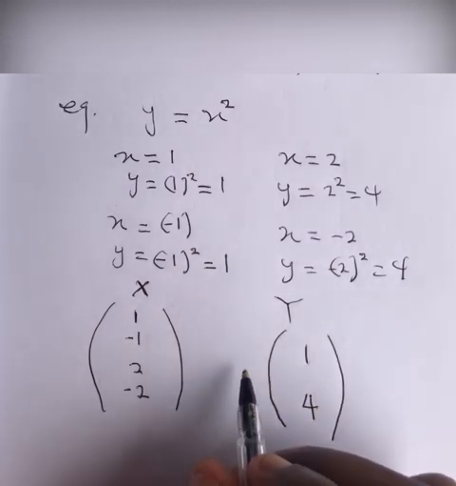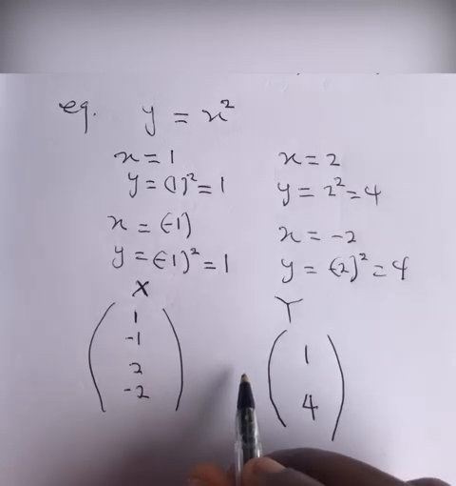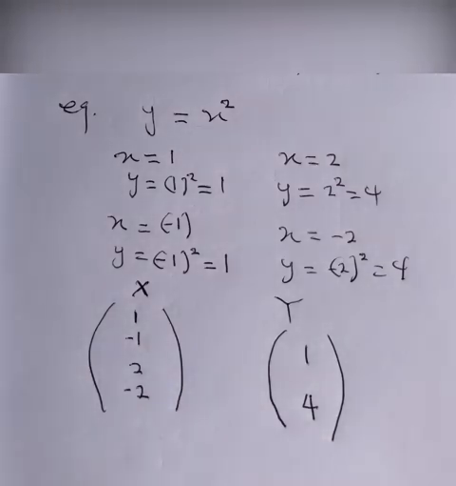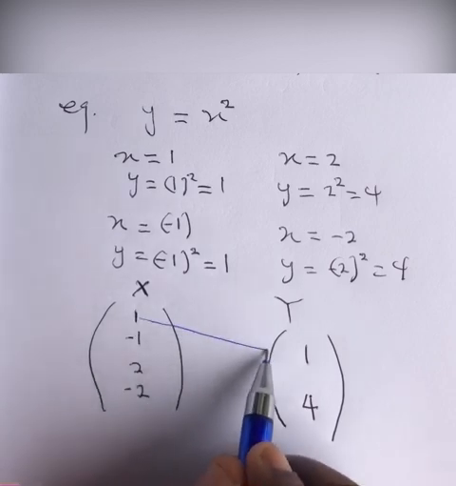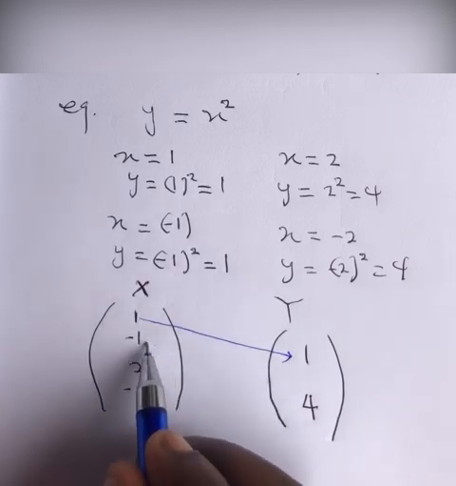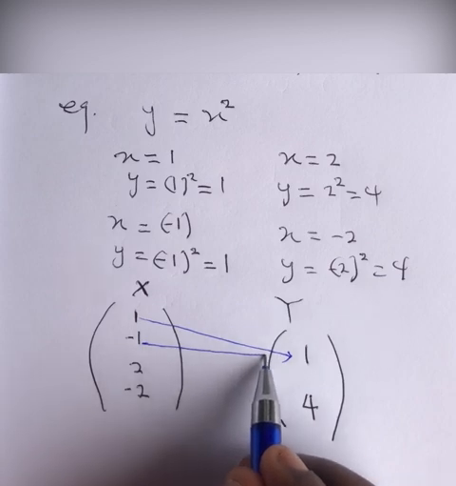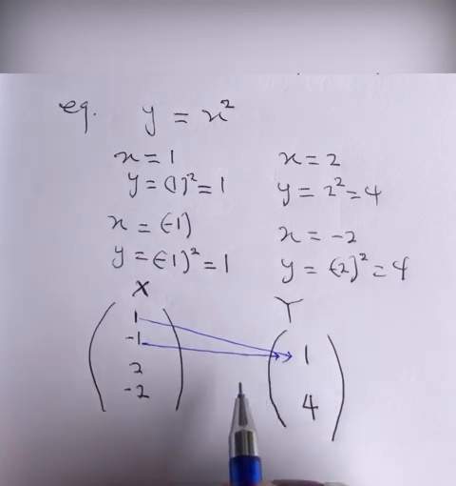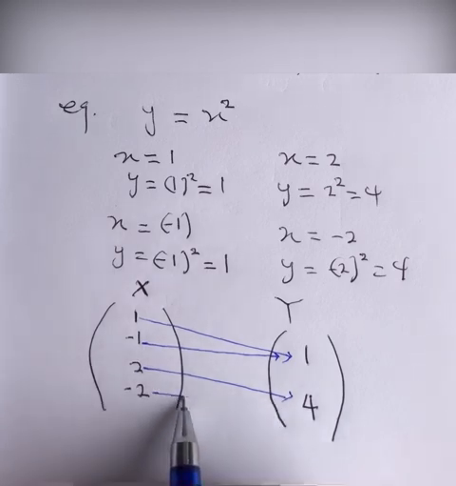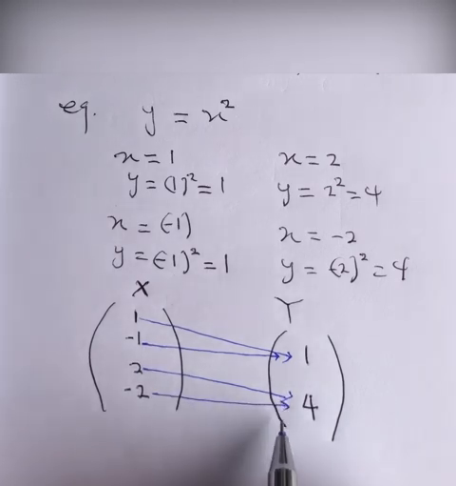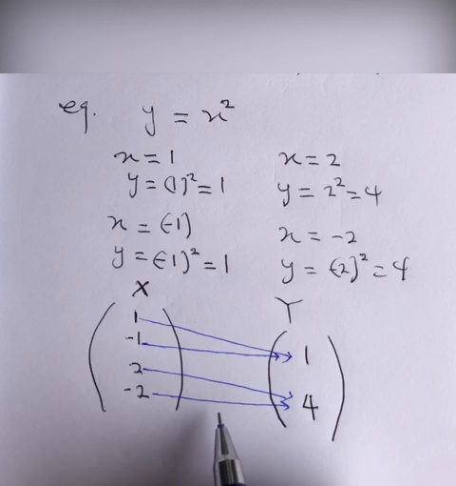Now let's look at something here. What is happening here is that you realize that this one is mapping into this. At the same time, this one is also mapping into this. Then we have 2 here, which is also mapping into 4. And the same 2, -2, also mapping to the same +4 here.